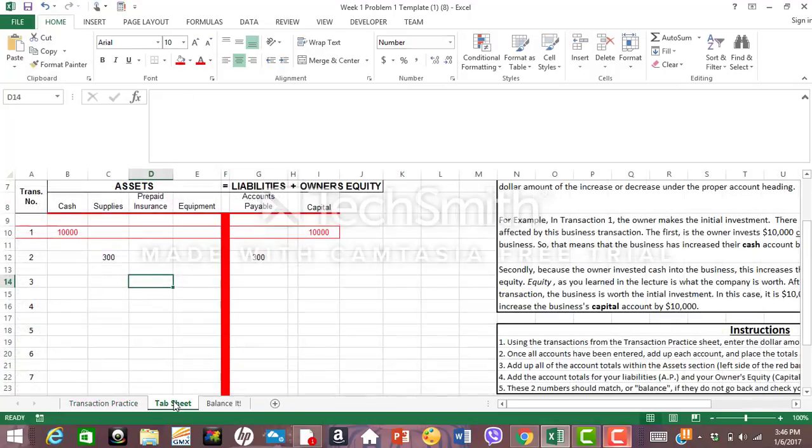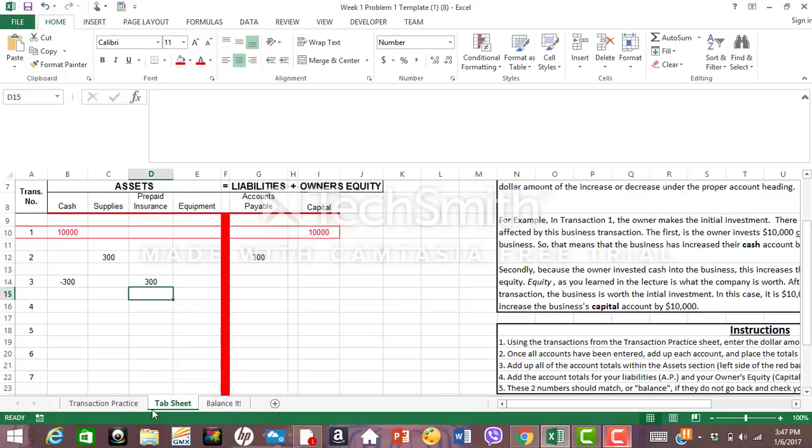So we go back to the tab sheet, and we look at the cash with a minus 300 here, and prepaid insurance is 300. Now within the same exact transaction, they have to equal out to 0. So because we're taking out cash over here, we're adding 300 right here, which means that minus 300 plus 300 equals 0.